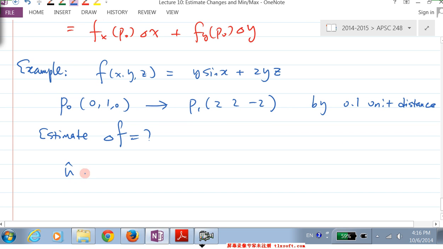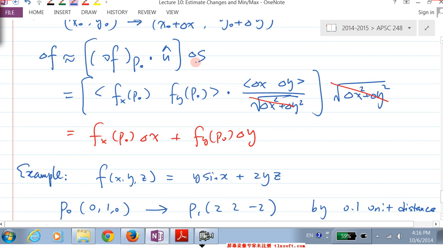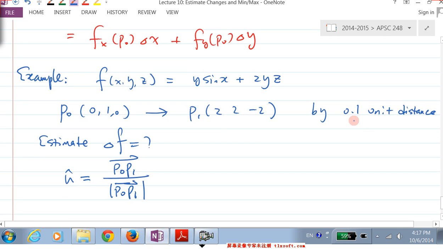So U hat should equal P naught P1 divided by its magnitude. That's U hat. And back to this formula, delta S is the distance walked in that direction. As the question told you, delta S should be equal to 0.1.